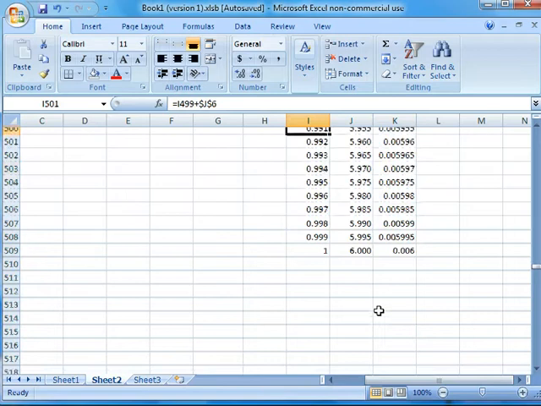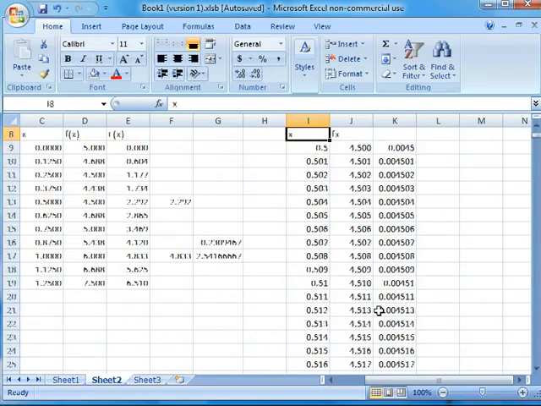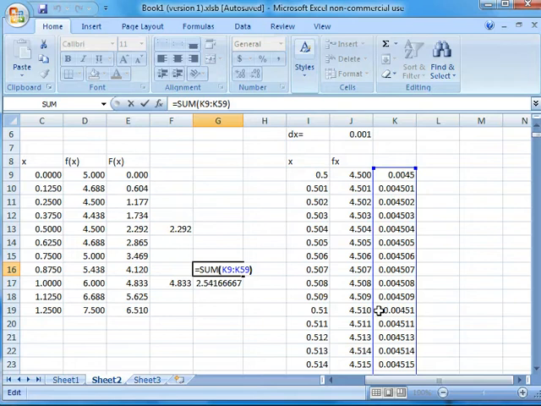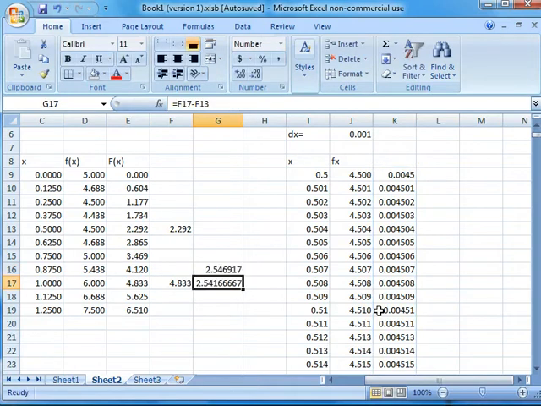Those are extra, so we can compute that sum now, and as you can see, now these two numbers are closer. It used to be 2.59, now it's 2.54, and so on and so forth. If we keep reducing this number to smaller and smaller quantities, it's going to approach better to the right solution.